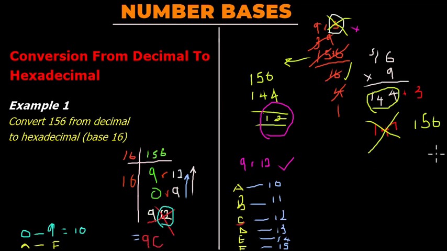So we can say here that 156 in base 10 is equal to 9C in hexadecimal. You can put the subscript 16 and the subscript 10 here.